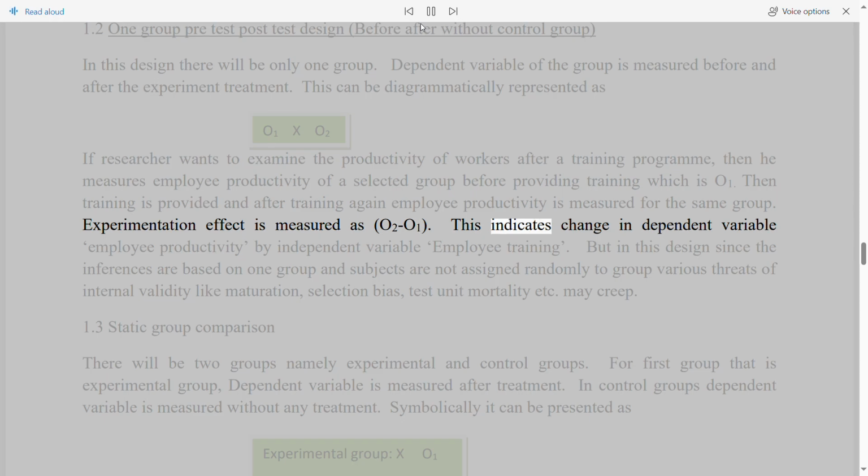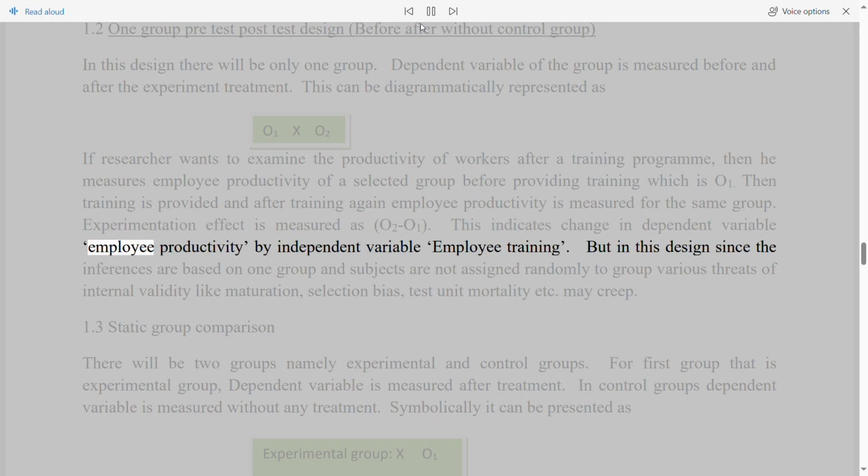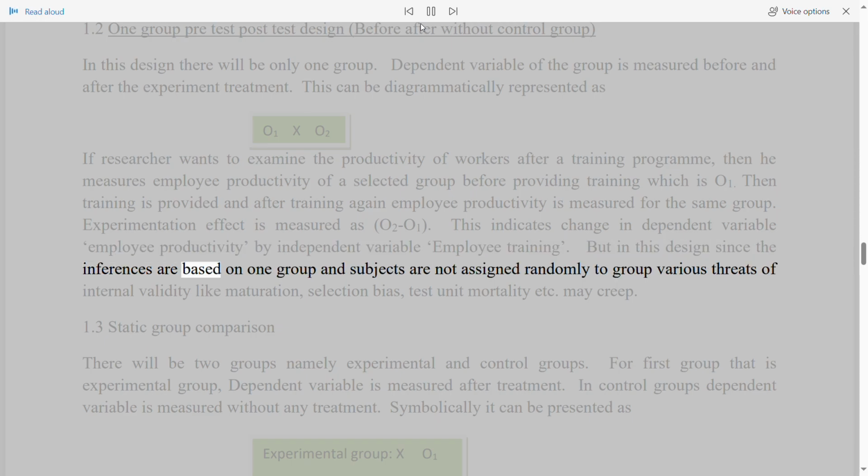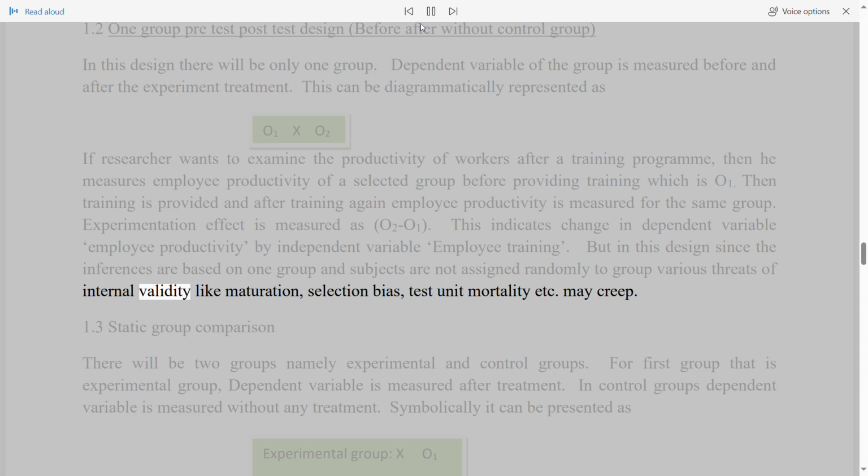This indicates the change in the dependent variable, employee productivity, by the independent variable, employee training. But in this design, since the inferences are based on one group and subjects are not assigned randomly to groups, various threats to internal validity like maturation, selection bias, test unit mortality, etc. may creep in.